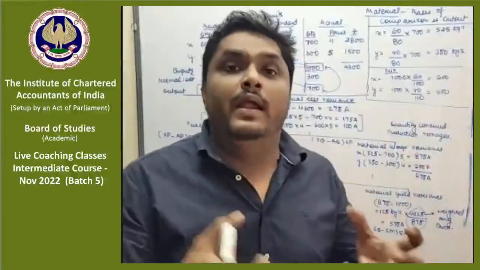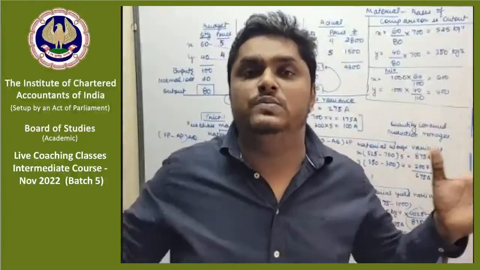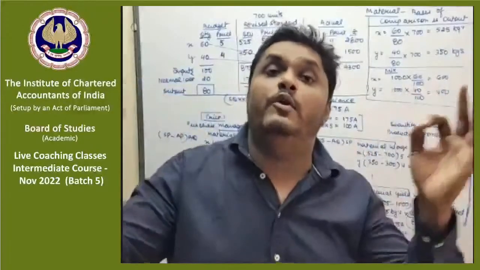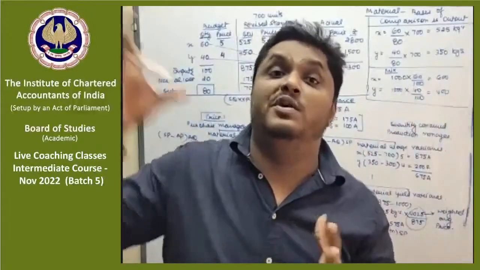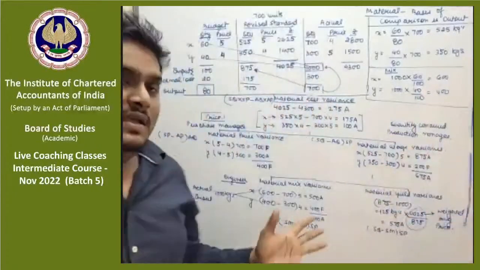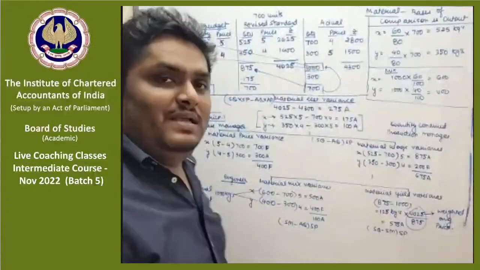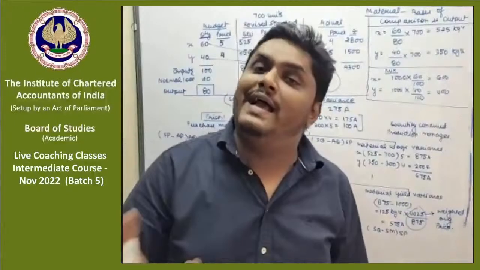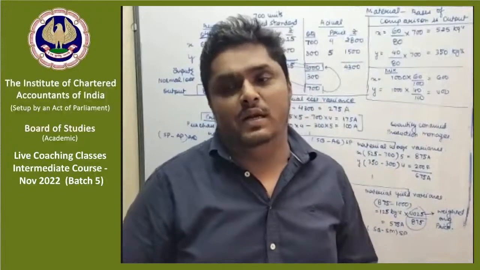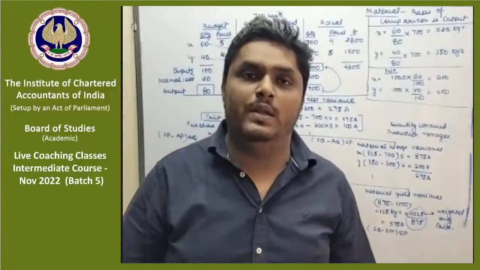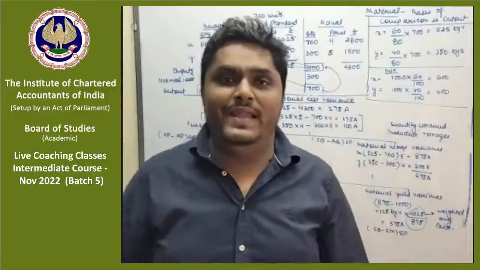Actual quantity into standard price. Why standard price? Because the production manager's performance cannot be evaluated on the basis of the work done by the purchase manager. Mix: how much should be the mix? Standard mix minus actual mix, that is actual quantity, into standard price. So this is all about the material variance.